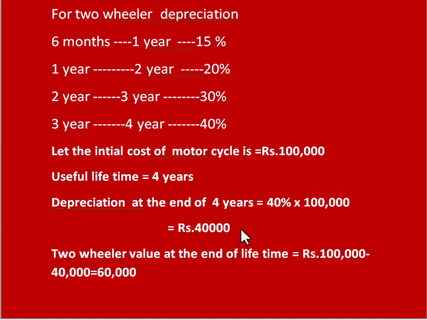But this depreciation value, that is 40,000, is not sufficient to replace the equipment, because the value of the two-wheeler is only 60,000, whereas the depreciation value that is obtained is 40,000.